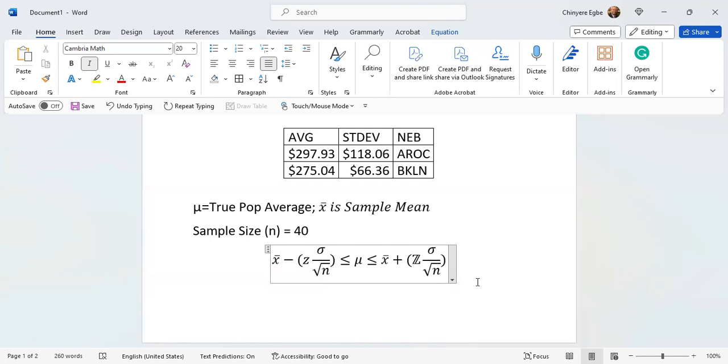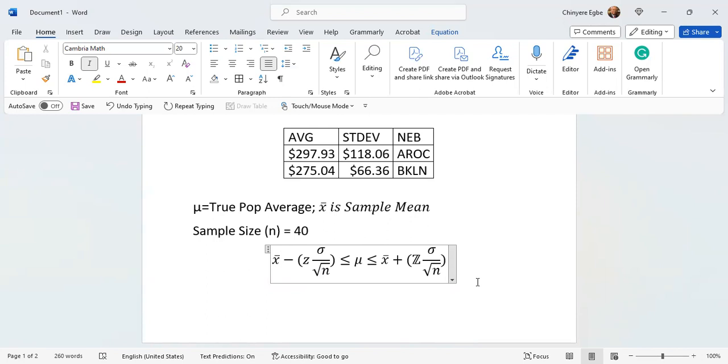So the true mean is between this lower value on the left and the upper value on the right. We can say that with 99% confidence, or 98%, or even 90% confidence. With 90% confidence, there's a 10% chance you're going to be wrong. With 99% confidence, there's a 1% chance you could be wrong. But you can never be 100% confident that your mean is between here and there.